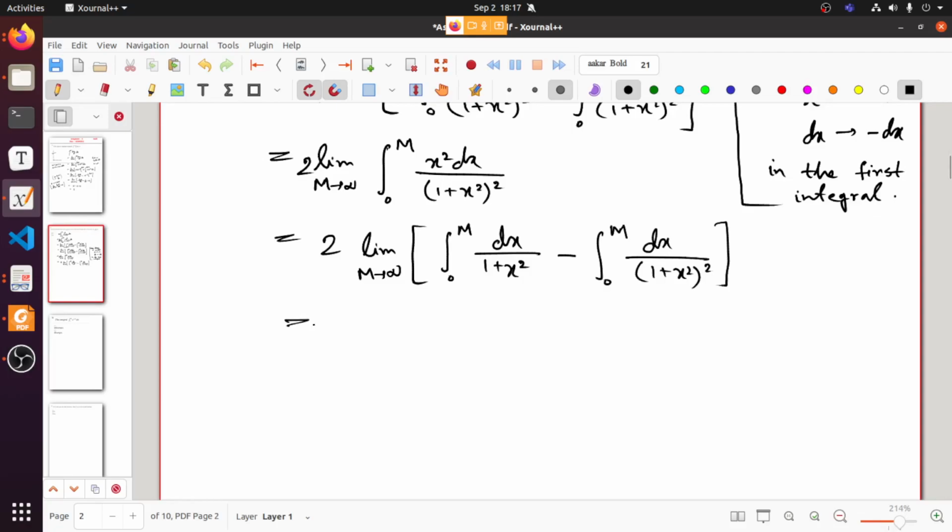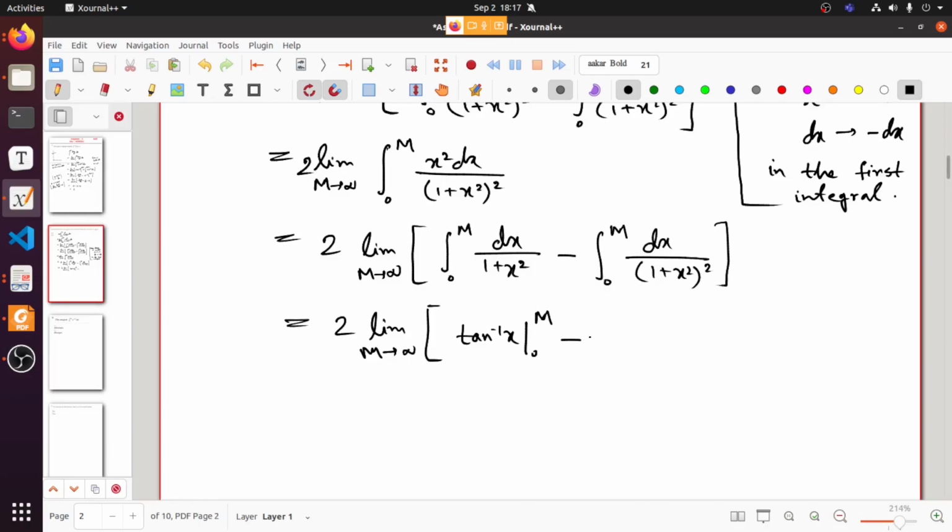Now you can do this first integral. It is the integration of tan inverse x, right? So tan inverse x from 0 to m.